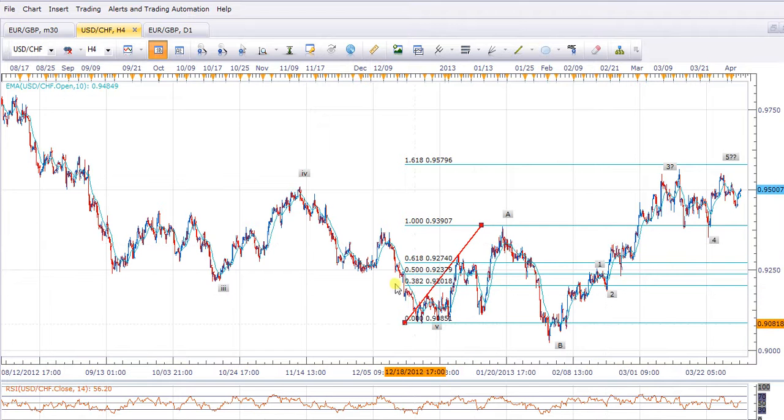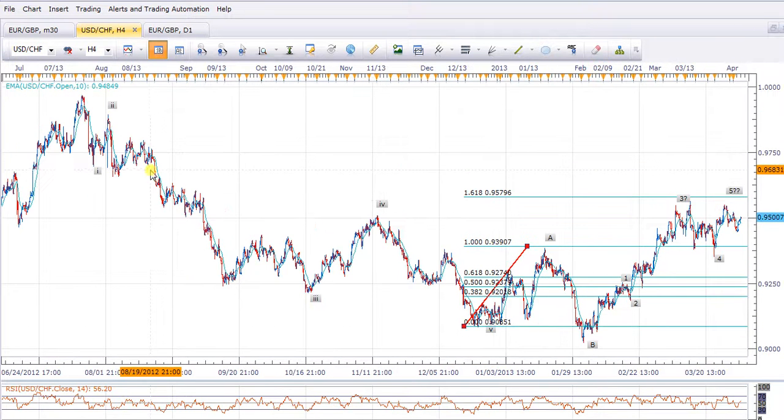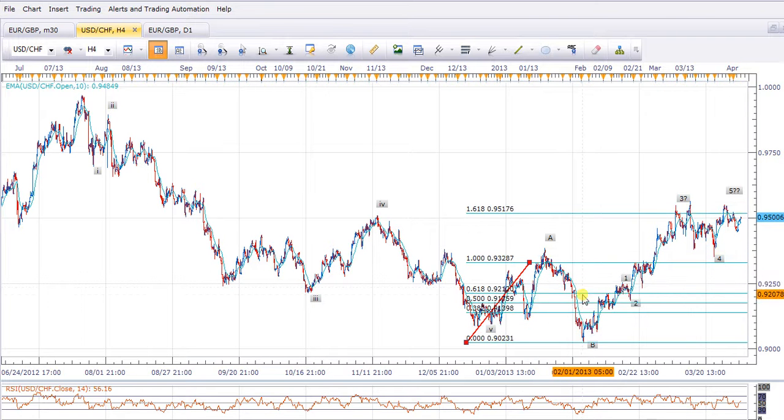As you see, have that 1, 2, 3, 4, 5, and then we had that A wave, but this is an extended flat. And the C wave has a 1.618 fib relationship with that A wave.